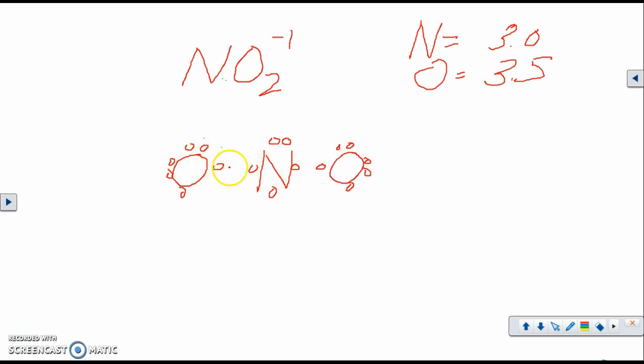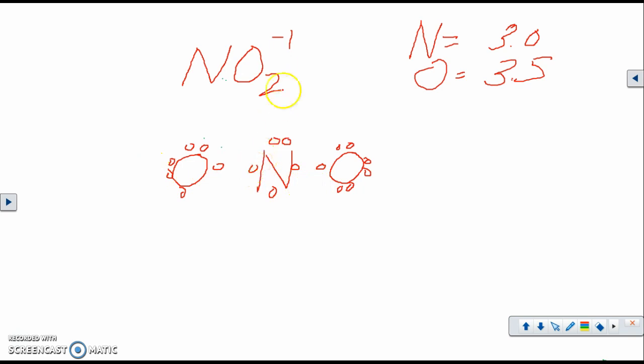And the way you decide which atom gets that electron is by looking at their electronegativity. And these electronegativity numbers come from page 3 of your exam reference sheet. So nitrogen has an electronegativity of 3.0, oxygen has an electronegativity of 3.5. So therefore, that extra electron gets added to, it doesn't really matter, one of these oxygens.